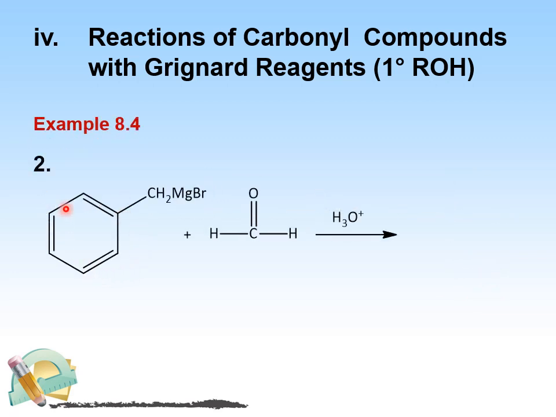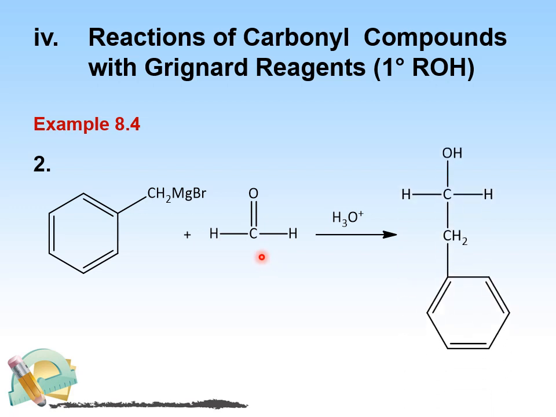Let's look at the second question on Grignard reagent, example 8.4. We are given a reactant which has an R, which is a benzyl over here. This is a benzyl magnesium bromide. And then we are going to react it with the methanol. We are going to get a primary alcohol.